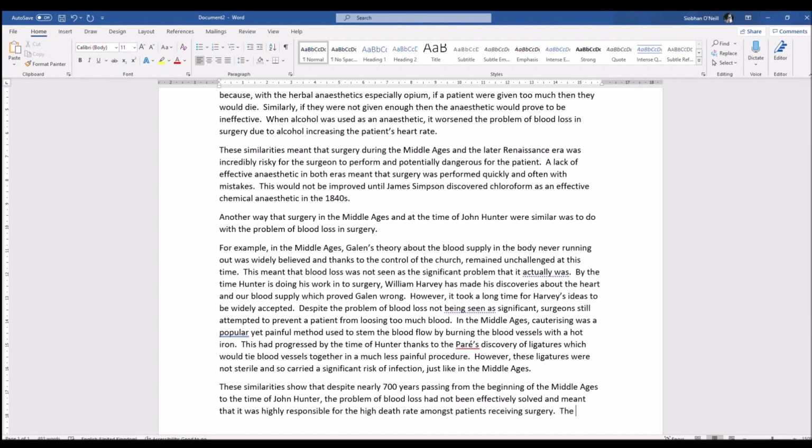The issue regarding blood loss would not be effectively solved. I keep using the word effectively. Successfully solved. Let's change it up a bit.